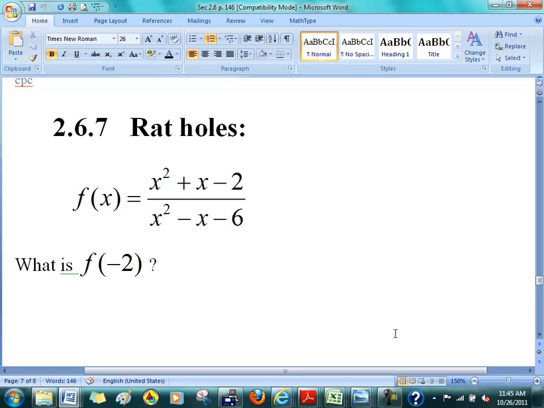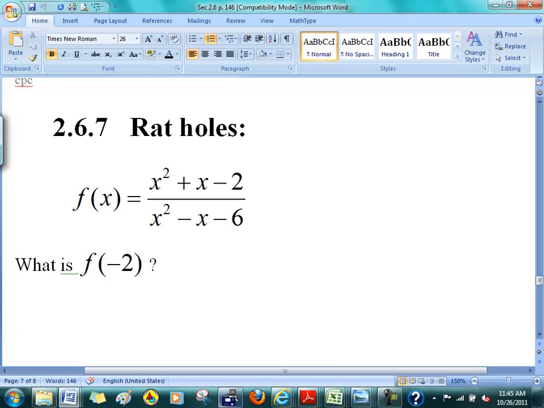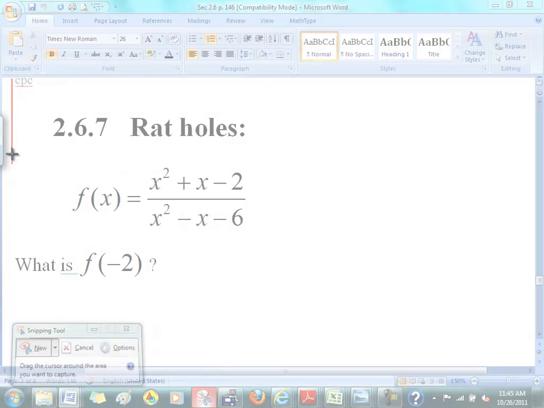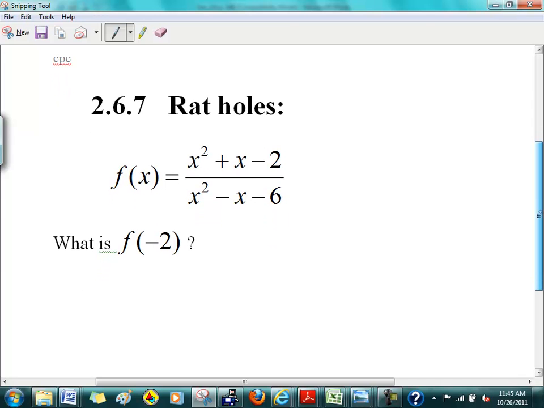Okay, so what are rat holes? What are rat holes? Okay. So if you wanted to find out the vertical asymptotes on this one here, what would you do?